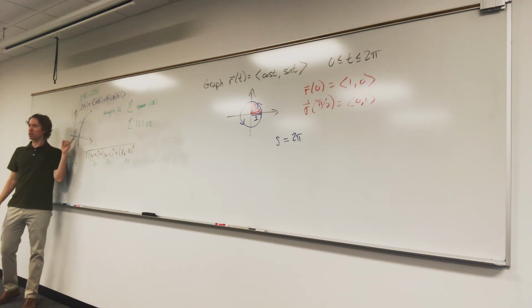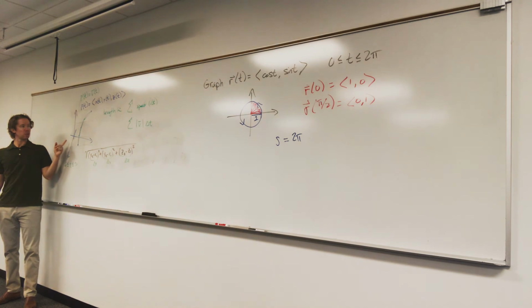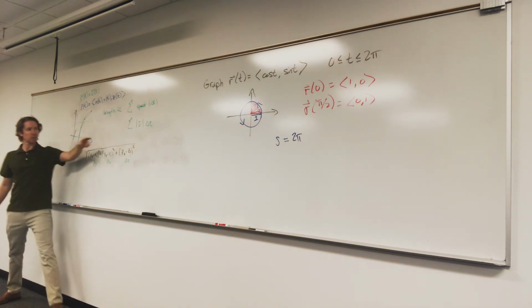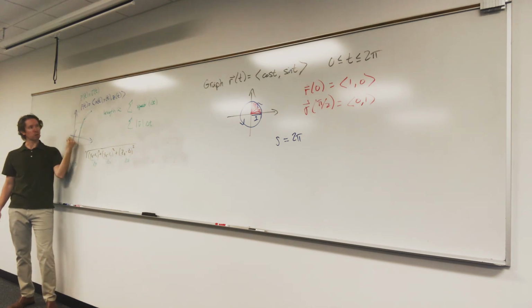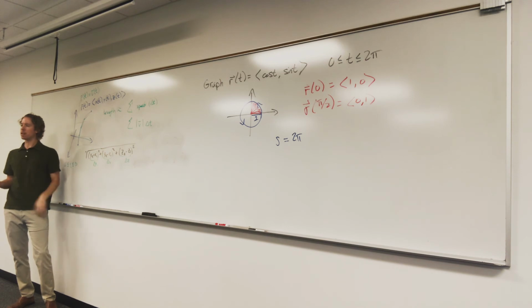That is my approximation. And as I choose smaller and smaller increments of this delta t, it gives me more and more pieces here that are shorter and shorter, and I get better and better approximations. What happens when I take the limit of that sum as delta t goes to 0?